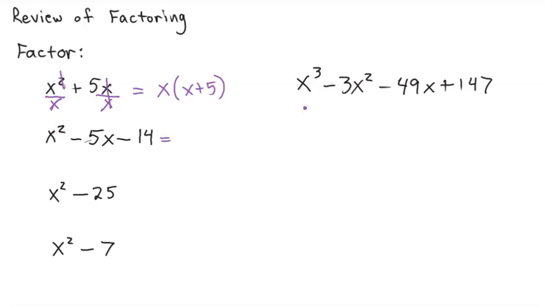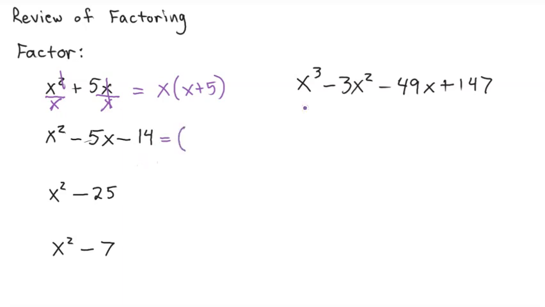In this next one right here, I want to remind you that this is a quadratic, and what we're looking for is two numbers that multiply to negative 14, but add up to negative 5. And I can think of two numbers that multiply to negative 14. They are negative 7 and 2. And if you add negative 7 plus 2, you would get negative 5. And therefore, our two numbers are negative 7 and 2.